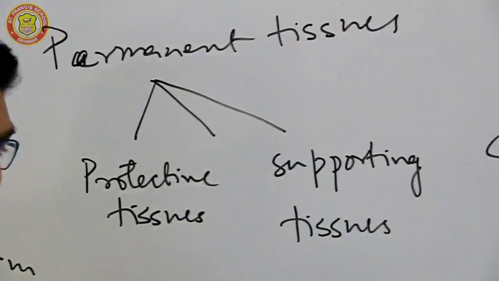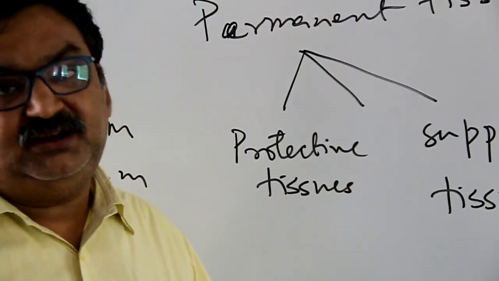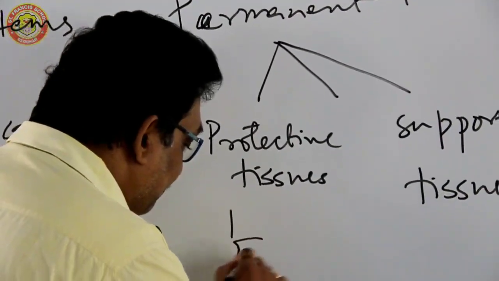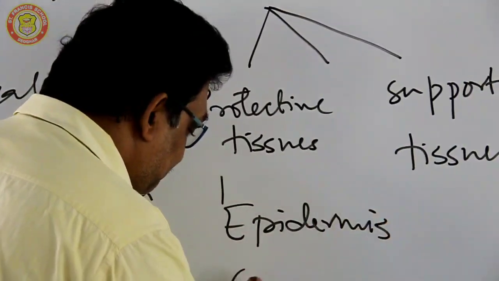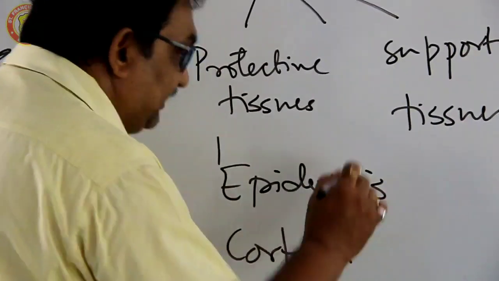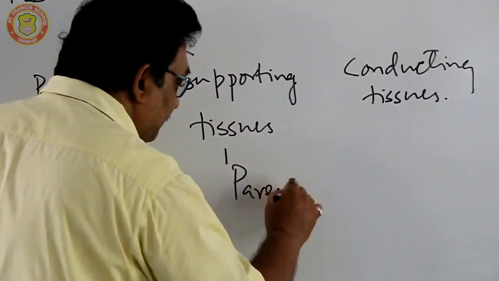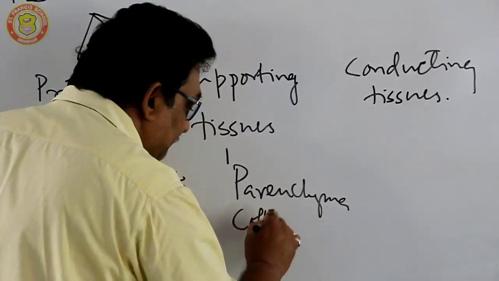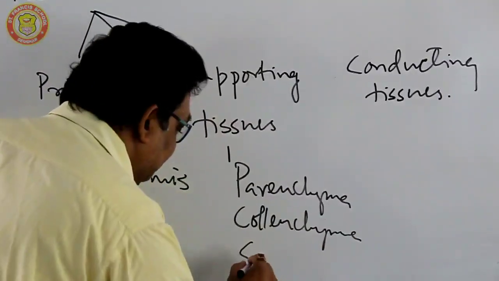In protective tissues, you have already studied there are two types, epidermis and cortex. Whereas here you have three, parenchyma, collenchyma, and sclerenchyma.